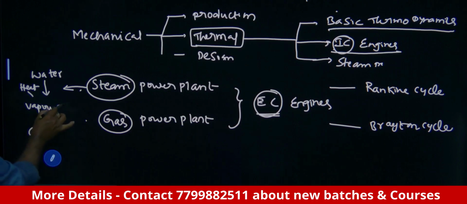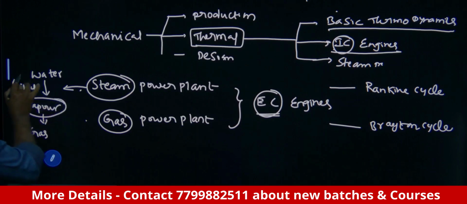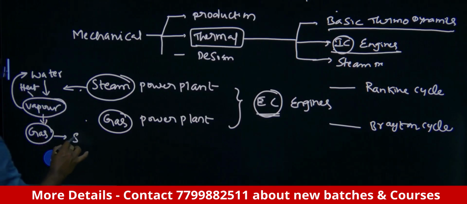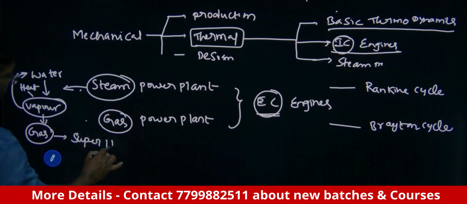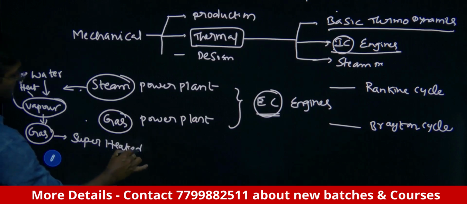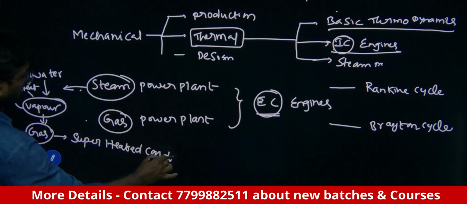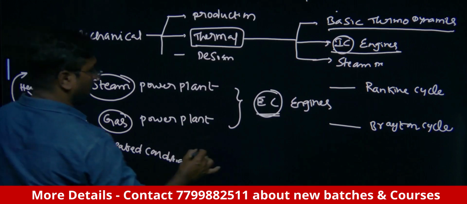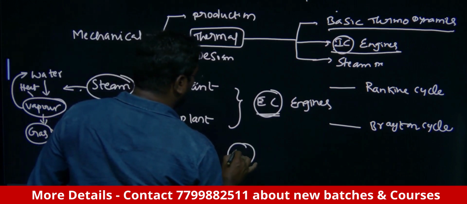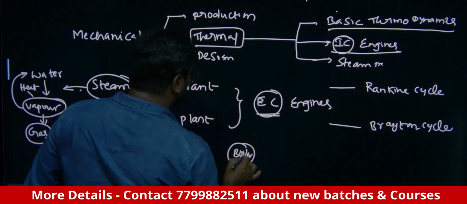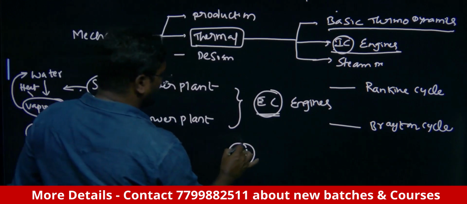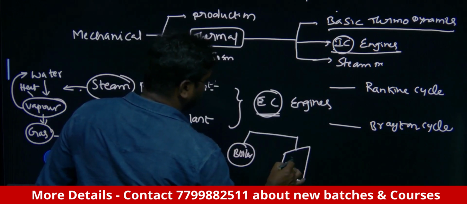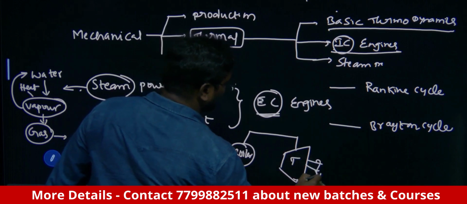See, if you cool the vapor, it will convert back into water. Gas exists in a superheated condition. This superheated gas is produced in the boiler. From the boiler, it is sent to the turbine, and you get mechanical energy.